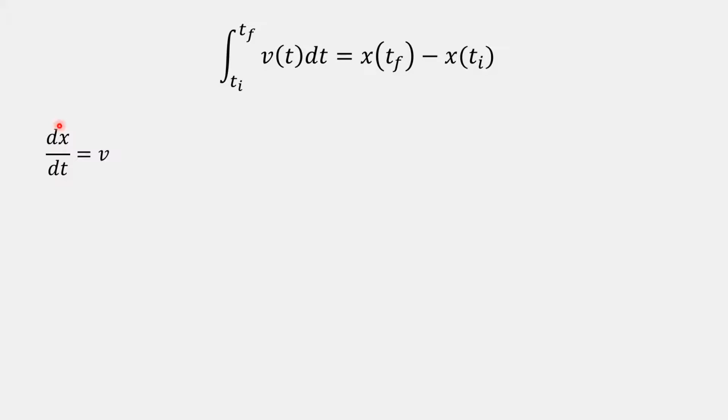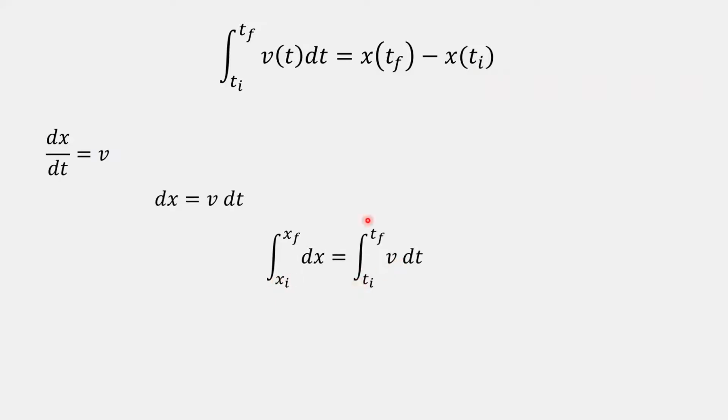We also know that the time derivative of position, by definition, is velocity. So just like before, let's regard this derivative as a fraction. We'll move the dt over. Got that itch again. Let's integrate both sides. Over here, we're integrating with respect to time, so the limits of integration will be times. Over here, we're integrating with respect to position, so the limits of integration will be positions.